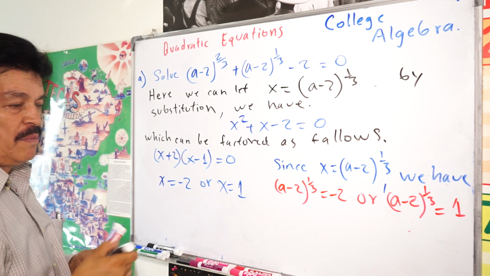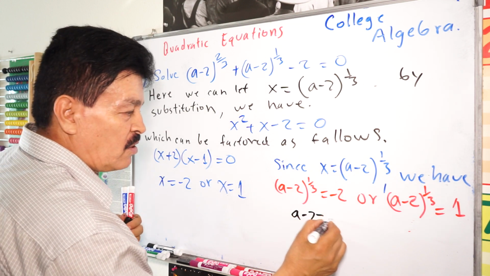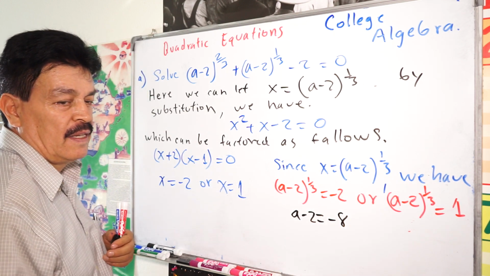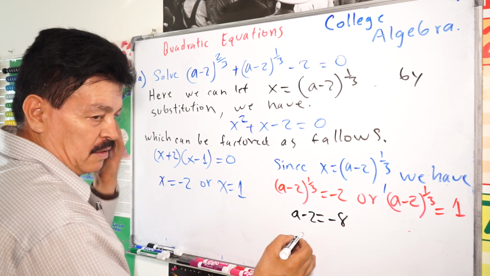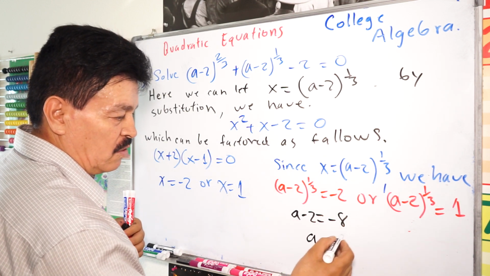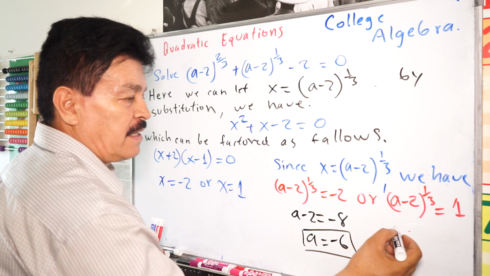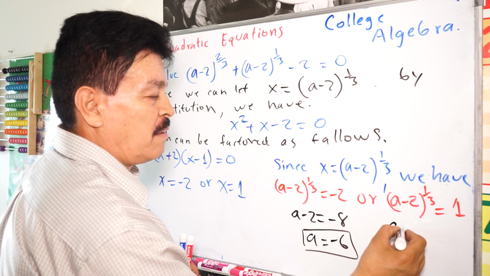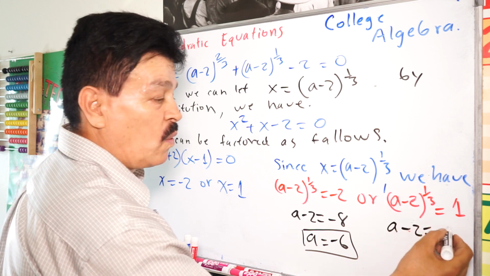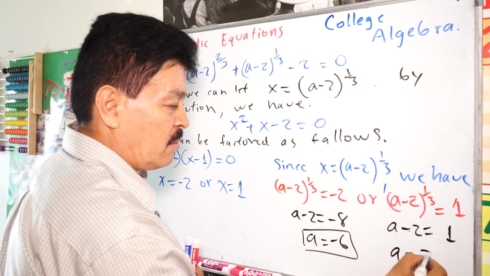So simplify here, we're going to have a minus 2 equals -8. You simplify here, a is going to be -6. And then this side is a minus 2 equals 1, so a equals 3.